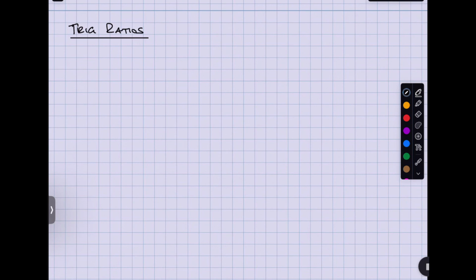So trig ratios, there's sine, there's cosine, and there's tangent. And the trig ratios only work on right triangles. So let's focus on angle A here.